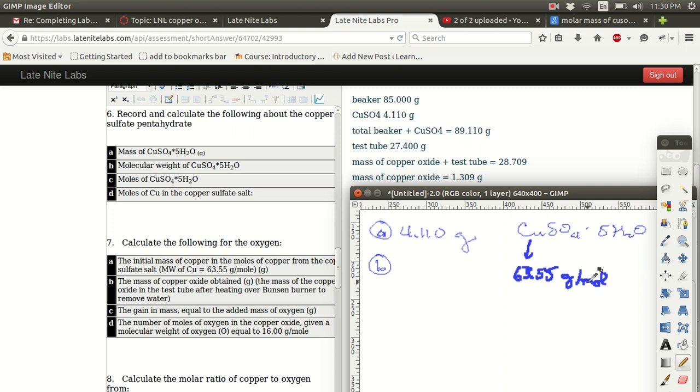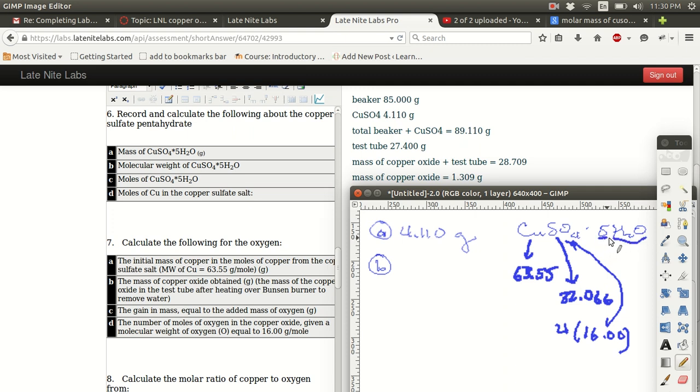So anyways, you add up all these grams per moles gotten from the atomic masses on the periodic table. You just add them all up. 63.55 plus 32.066 plus, there are 4 of these oxygen atoms, so it's going to be 4 times 16.00 plus, now there are 5 of this whole thing.